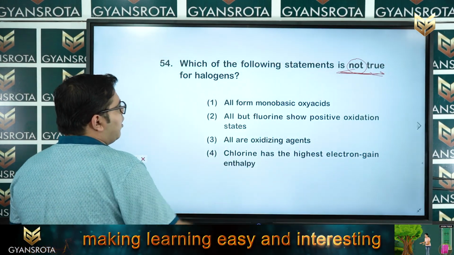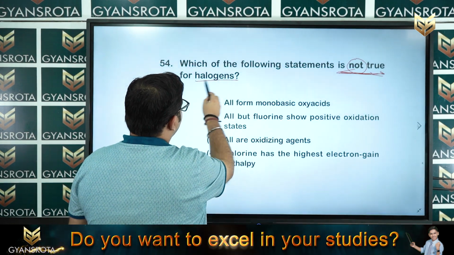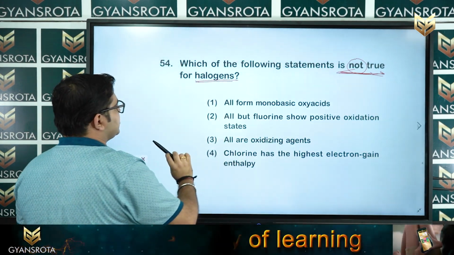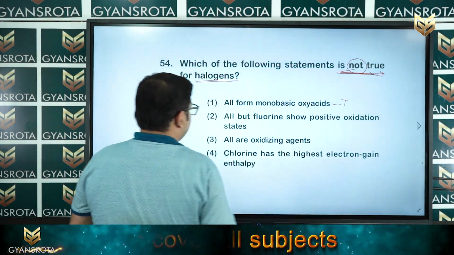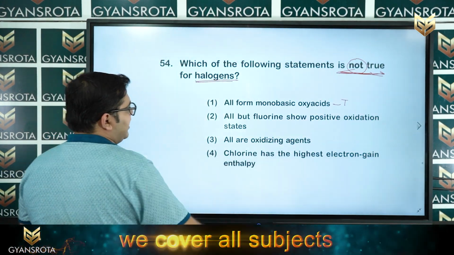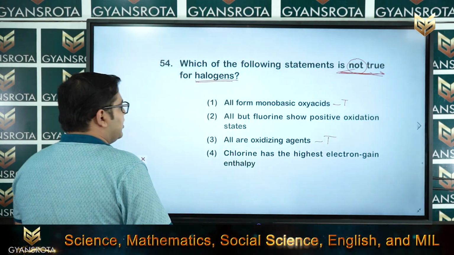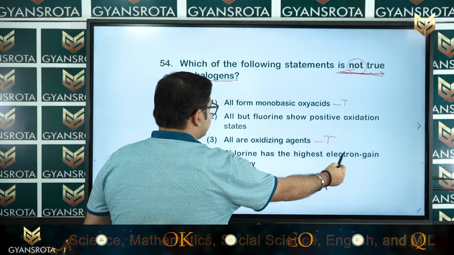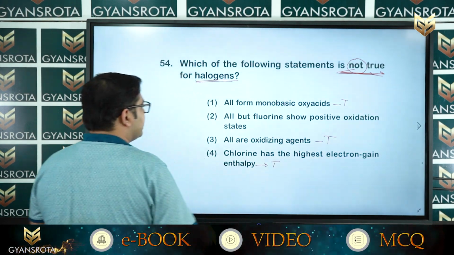So, let us see all form of monobasic oxy acid. So, if they ask for halogens, so this is a correct option, okay. So, this is a true statement. Now, all are oxidizing agent, this is also a true statement. Chlorine has the highest electron gain enthalpy, this is also a true statement.